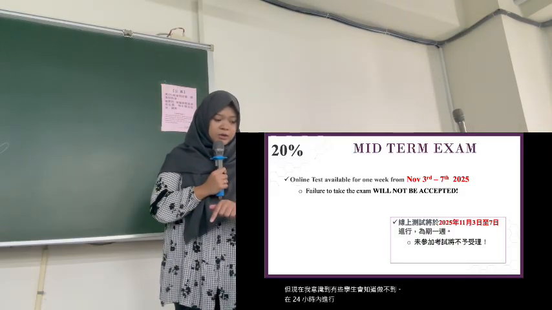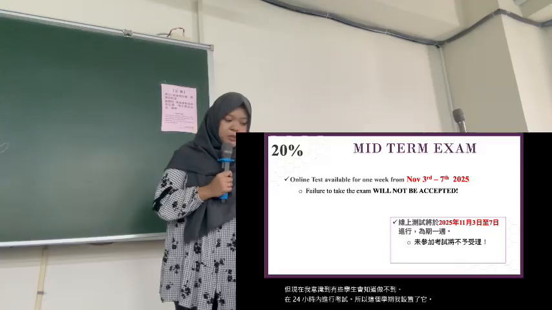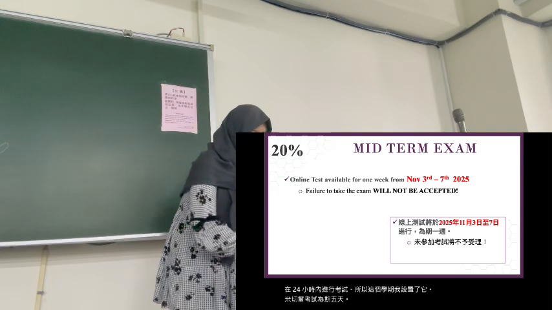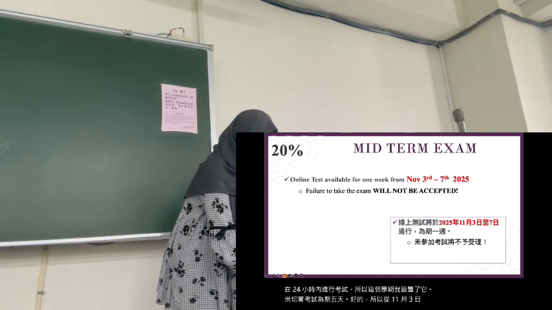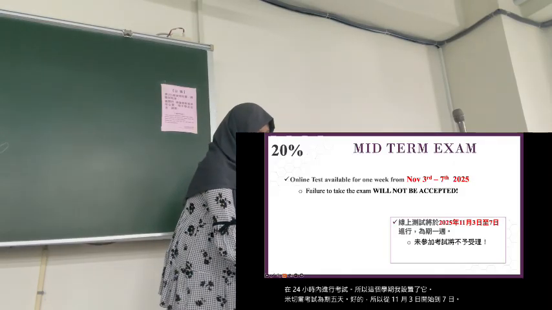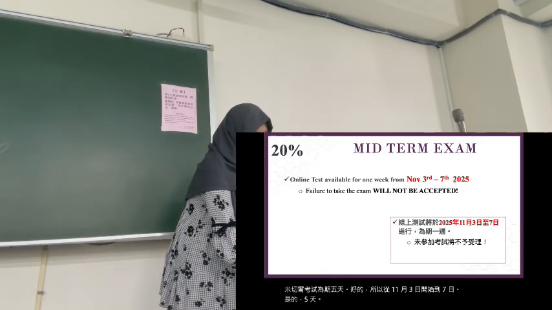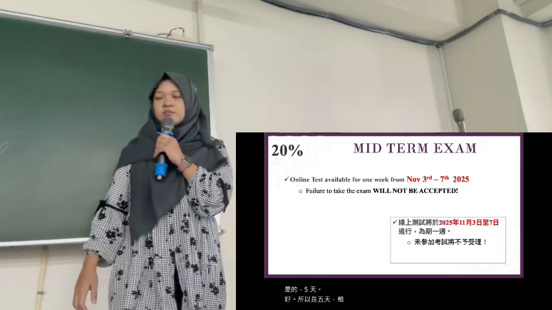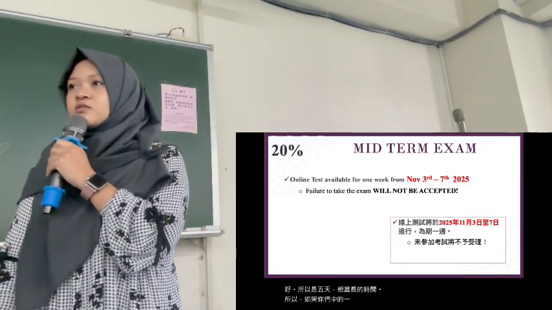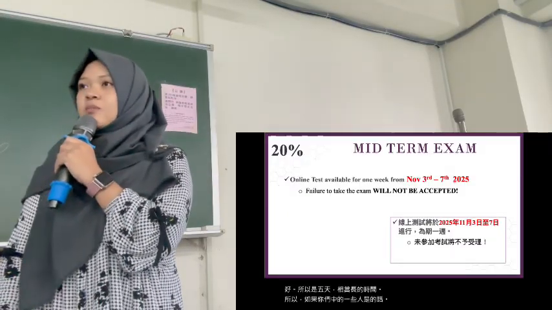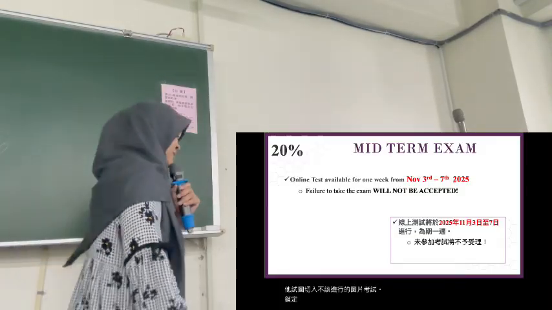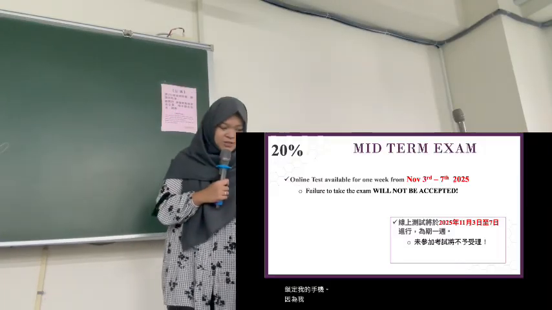So for this semester, I set the midterm exam to be available for 5 days, starting from November 3rd until 7th. Yes, 5 days, quite a long time. So if some of you say, teacher, I forgot to do the midterm exam, that's your problem, not my problem, because I will not give you any other chance.